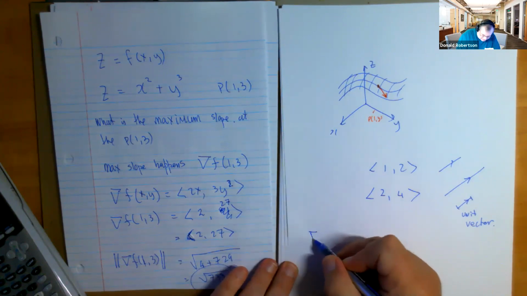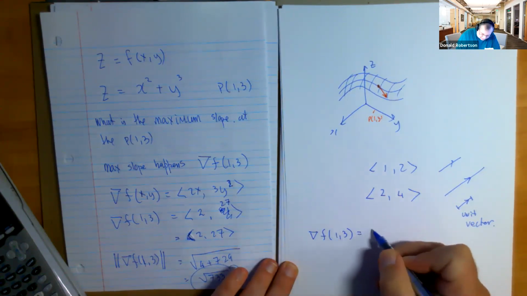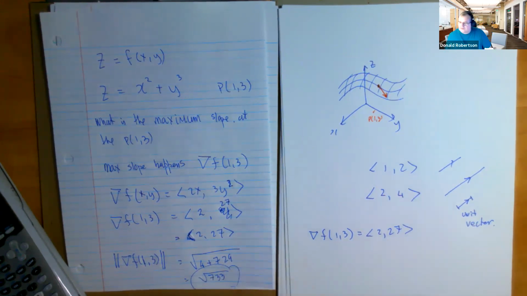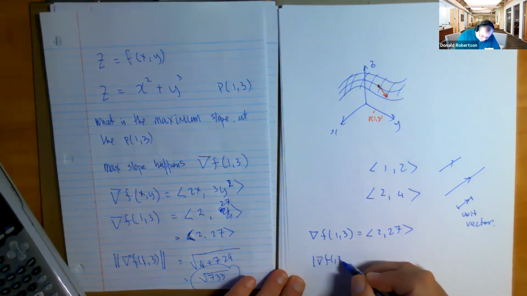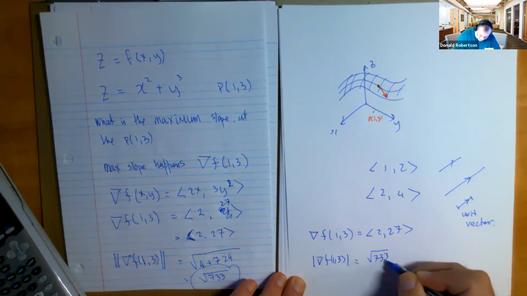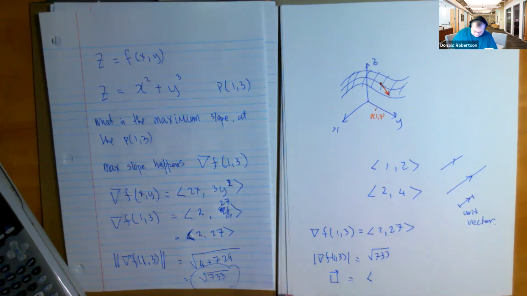So back to this guy. The direction where the maximum slope occurs is the direction 2 along and 27. The magnitude of that vector we've just found is the square root of 733. So won't the unit vector be 2 over the square root of 733 and 27 over the square root of 733?